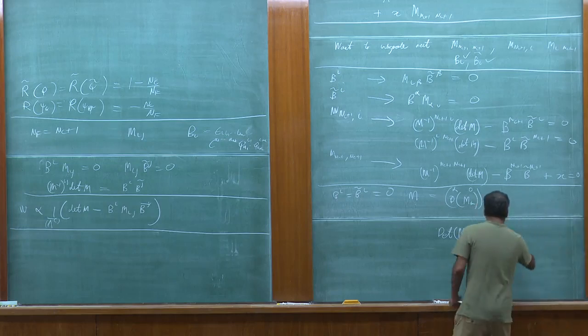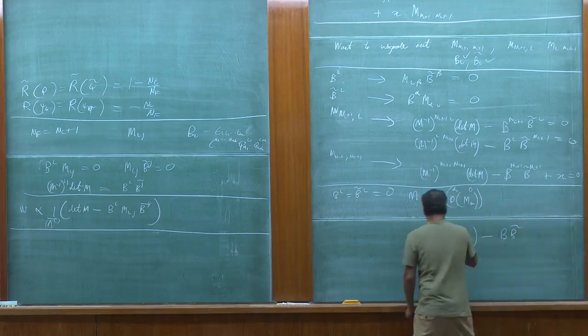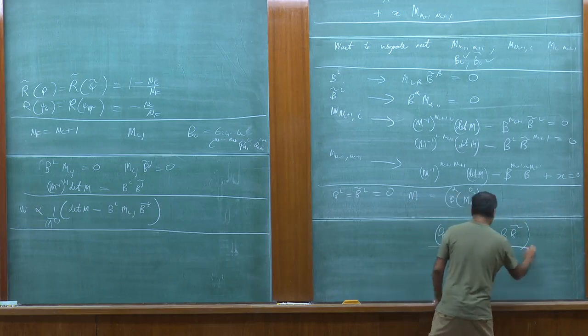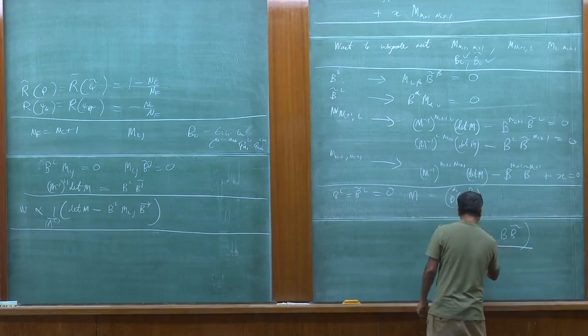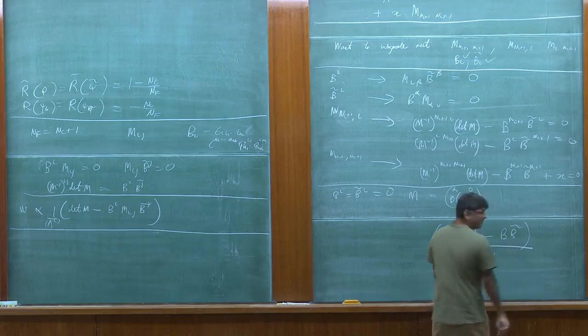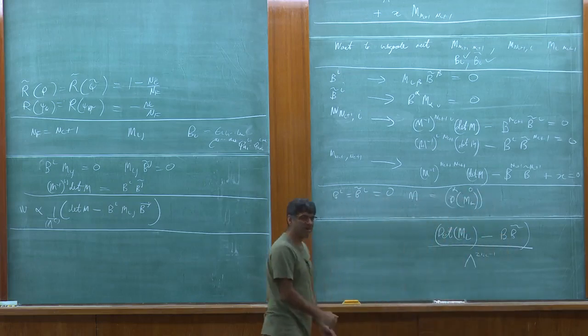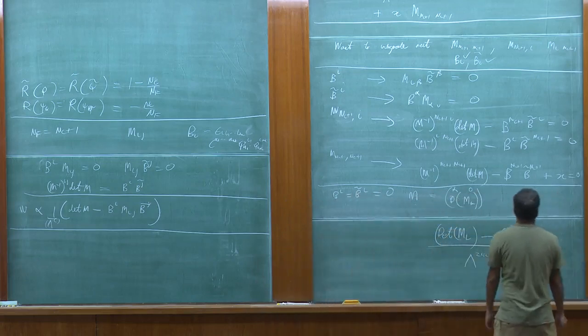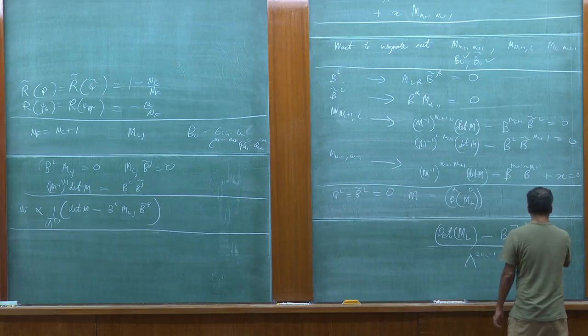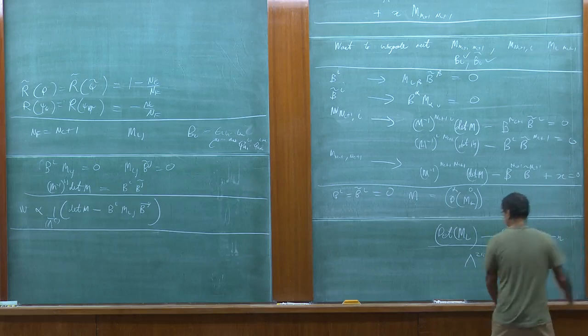Minus B tilde. Now we have this lambda to the power 2nc minus 1, is equal to minus x.